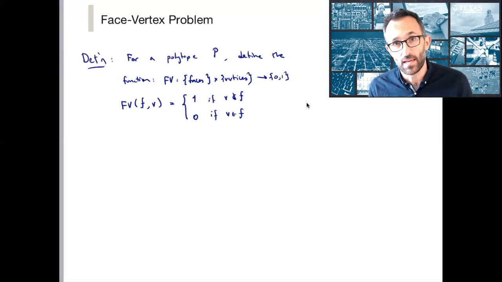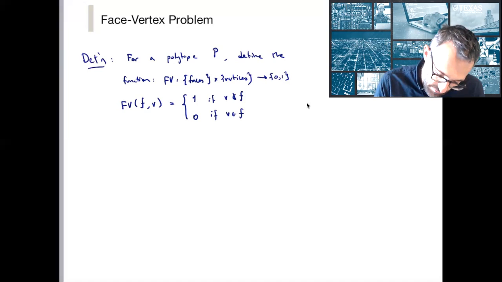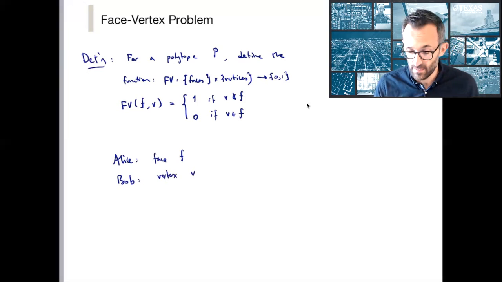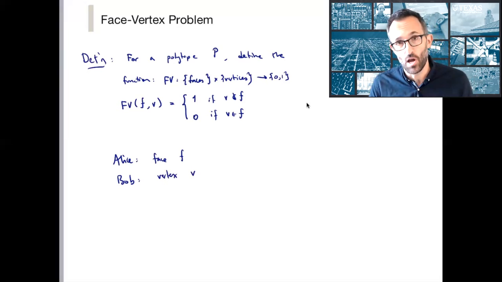Alice is going to get a face F. Bob is going to get a vertex V, and we need to think about a non-deterministic communication complexity style protocol.